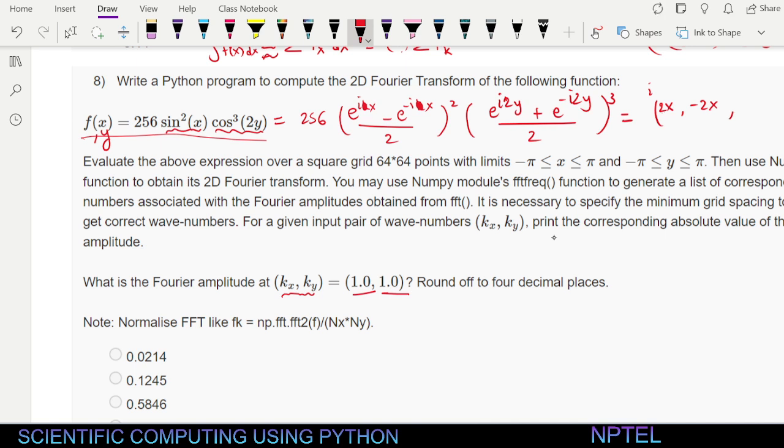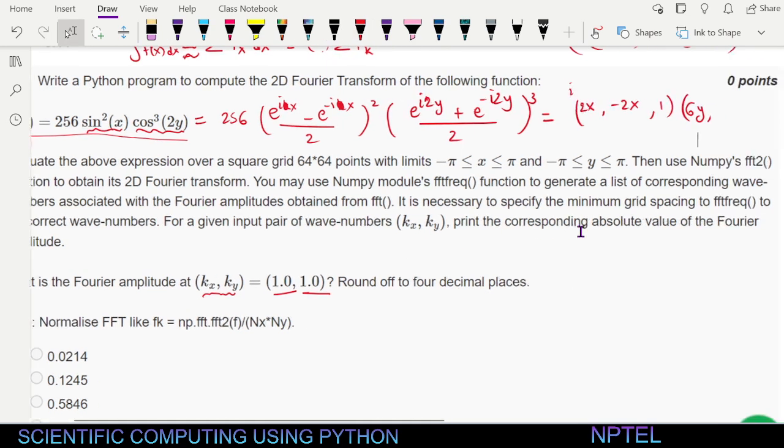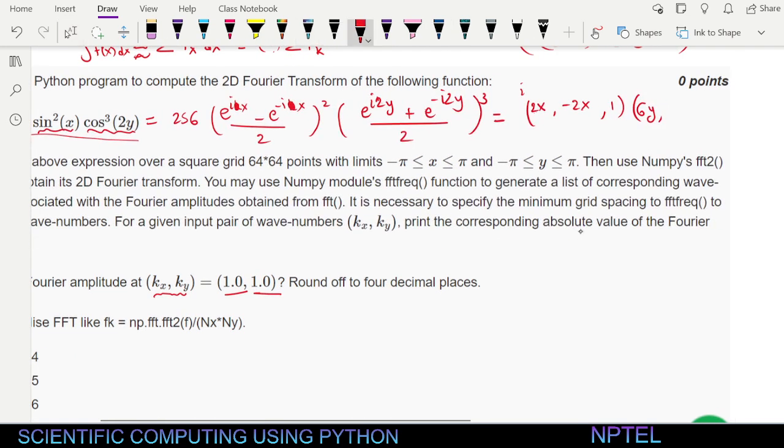And similarly for this one, and some constant term. And in the second one, you are going to have the cube, so it will have 6y, then minus 6y, then square of this multiplied by this.